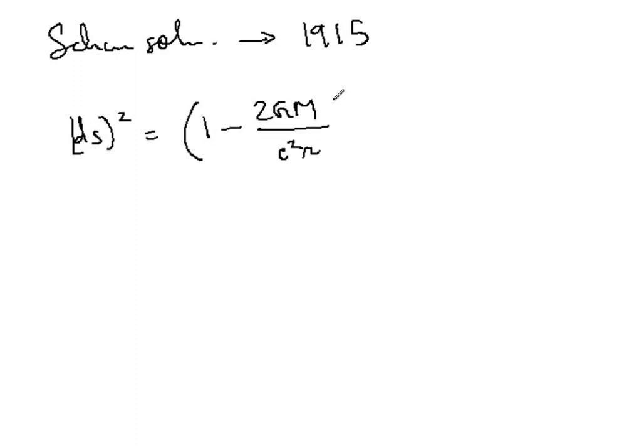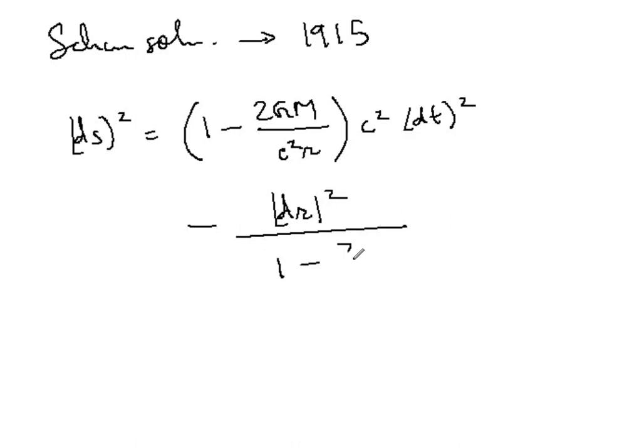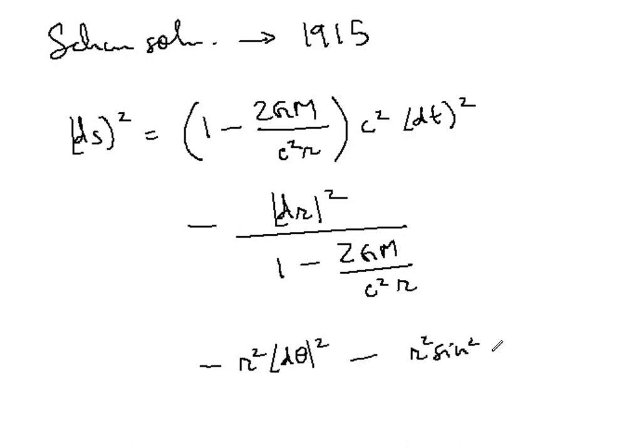It took some years to really understand its significance. dr squared divided by 1 minus 2GM by c squared r, minus r squared d theta squared minus r squared sine squared theta d phi squared. Okay, now you see, this was basically the Schwarzschild solution.